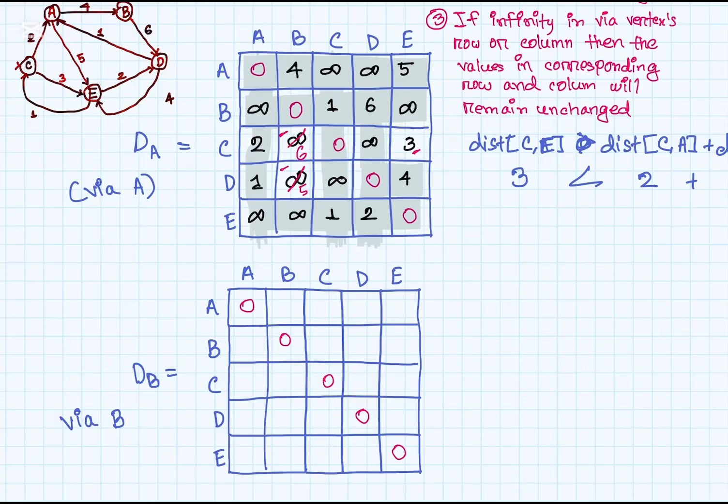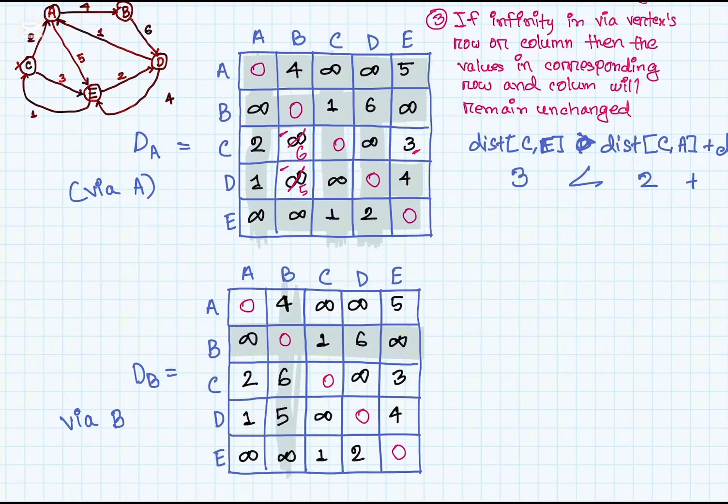Now let's write down the final values of matrix dA. So the column of B and the row of B will not be changed. And if there is an infinity in the row of B, meaning this column and this column, the values will remain unchanged.